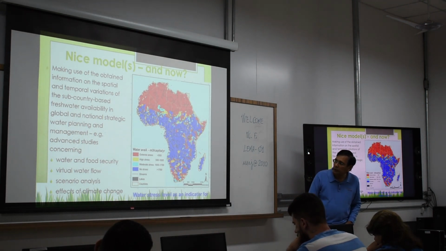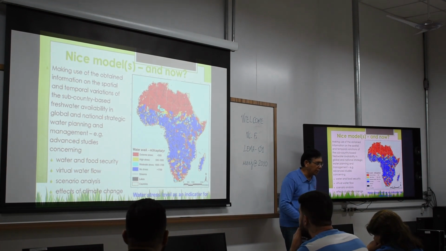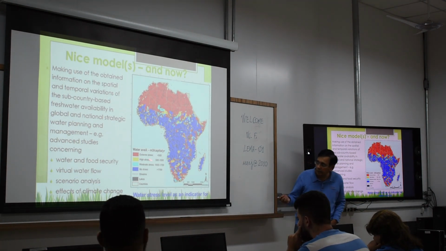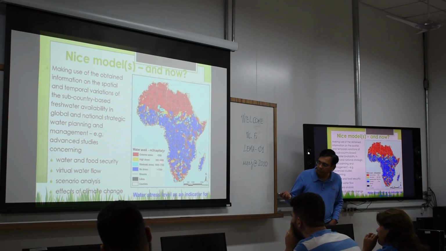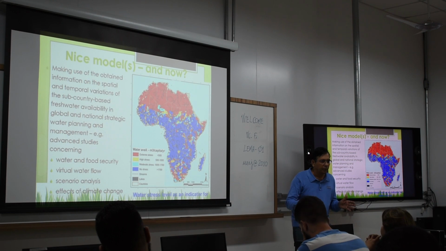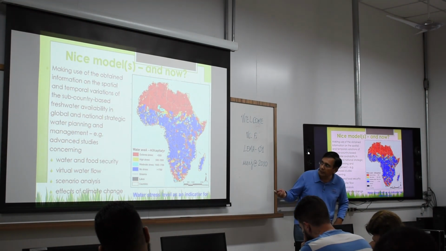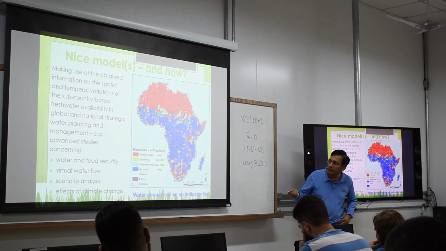Then we looked at, based on the FAO, Food and Agricultural Organization, they say if you have at least 500 meter cube to 1000 meter cube, that's the minimum requirement of water per person per year. Okay. So we overlaid the population on our blue water and looked at what are the areas where we are able to meet the demand.